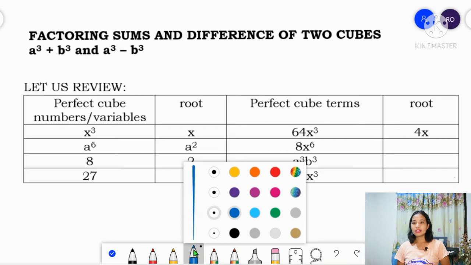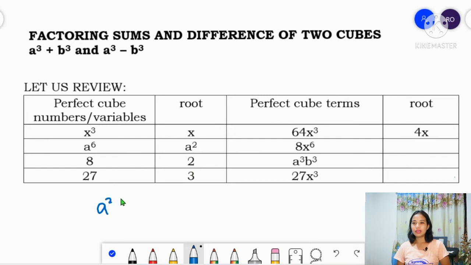Okay, so the answer is x cubed. Okay, similarly, if we multiply a squared times a squared times a squared, so the answer is a raised to 6. So, paano nangyari yon?